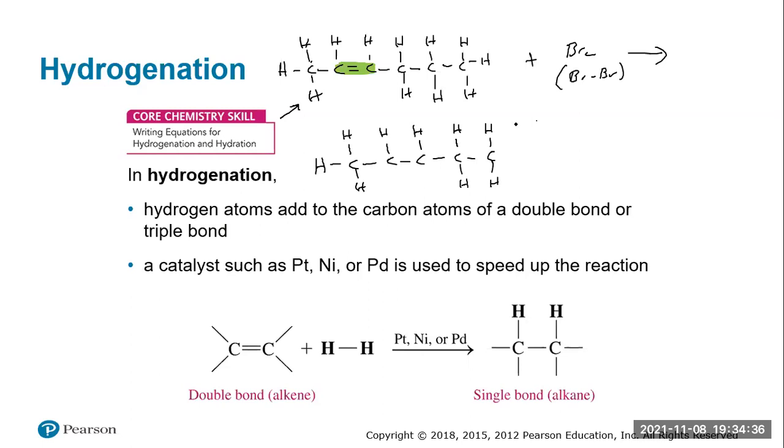And now that I got rid of that extra hydrogen, I actually have room on each of those carbons for both of these bromines. Again, one will go to one carbon, one will go to the other carbon. So we'll just do a Br there and a Br there.